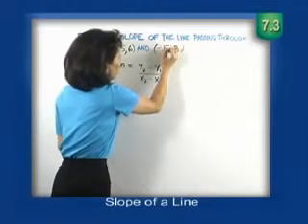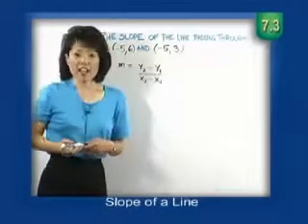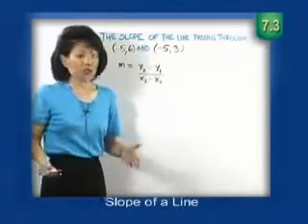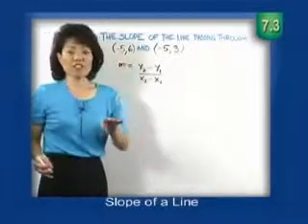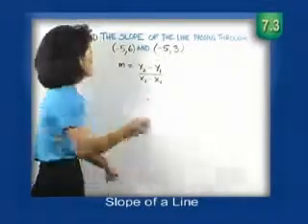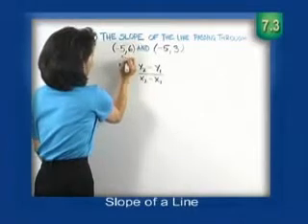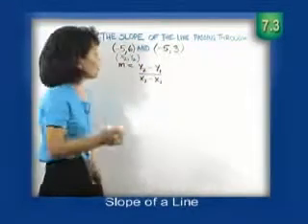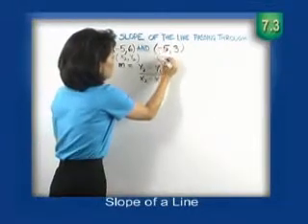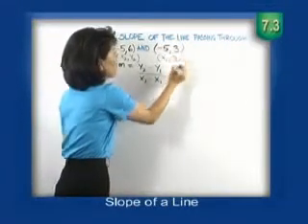Again, it doesn't matter which ordered pair is x1, y1. You can choose. Just to show you that it doesn't matter, I'm going to make my first ordered pair this time x2, y2. Again, why? Because I chose it that way. You can make your own choice. This one here is going to be my x1, y1.